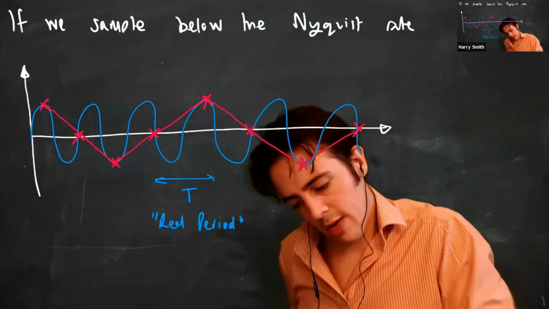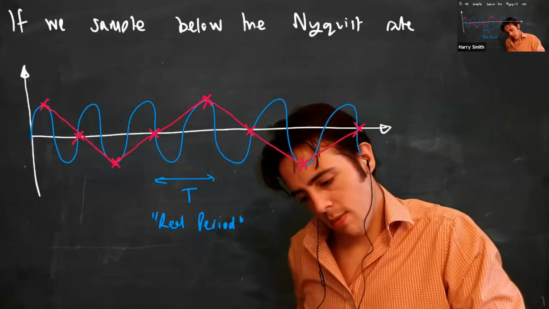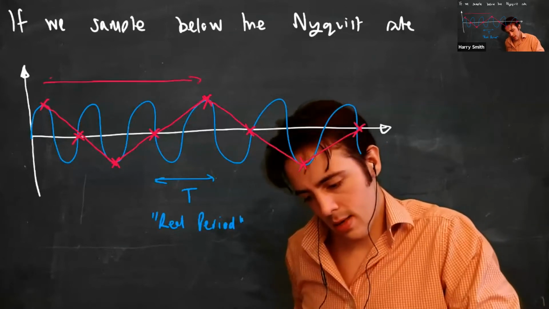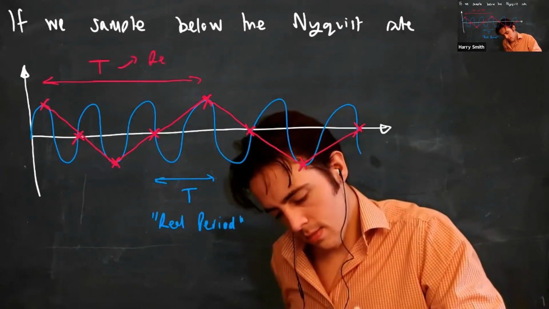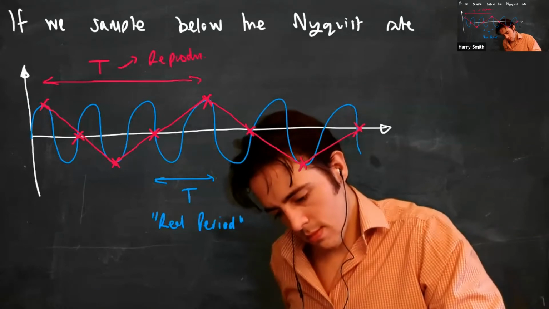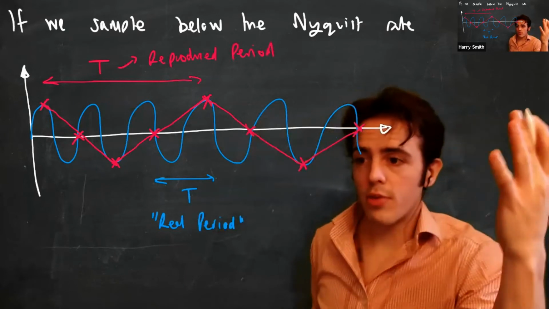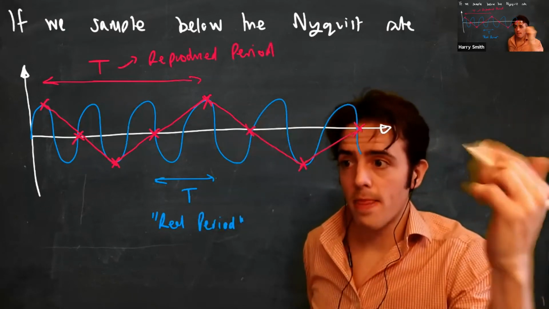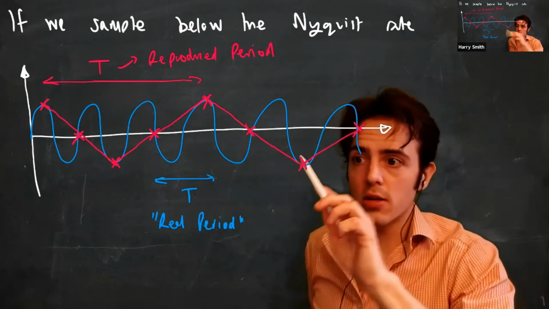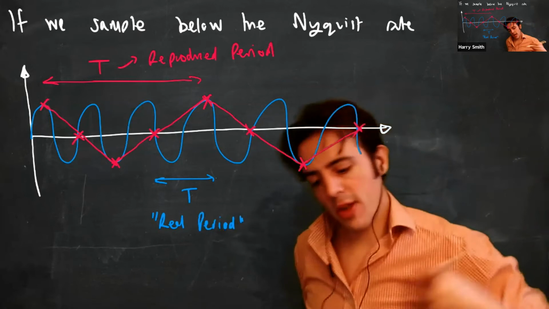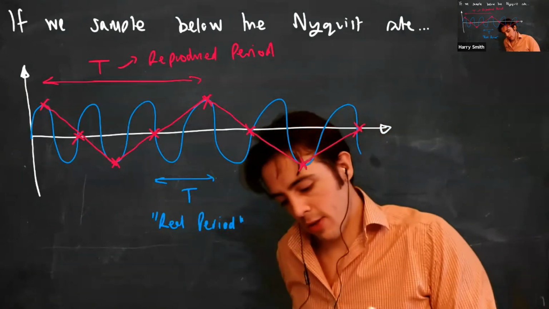The actual period of this signal would be this big one up here. So if we've got the reproduced period incorrect, then we haven't got the original frequency of this signal. So what we've done is when we sample below the Nyquist rate, we lose the frequency information of the signal that we've tried to sample.